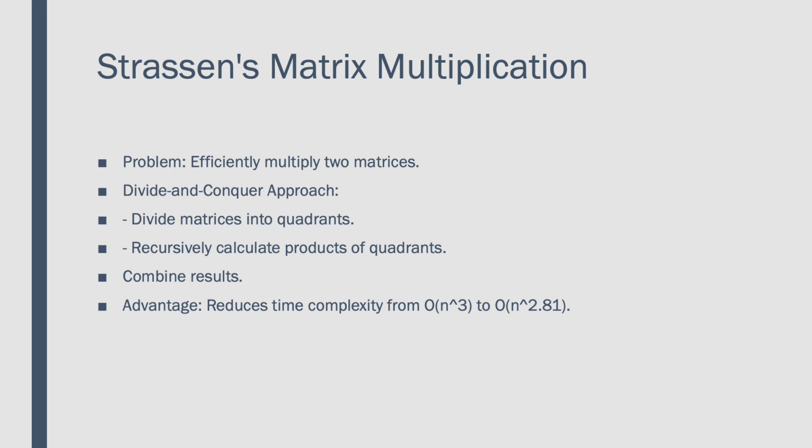Now, we can say that Strassen's algorithm is an excellent example of how divide and conquer optimizes computational efficiency. It is widely used in high performance computing and applications that involve large scale matrix operations. However, for very small matrices, the overhead of recursive calls may outweigh the benefits. So it is often combined with classical methods.